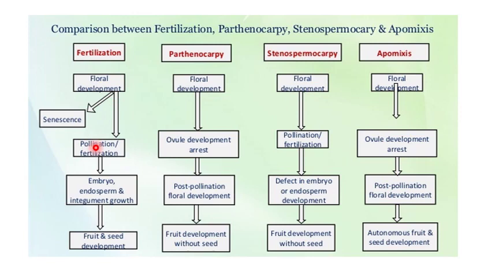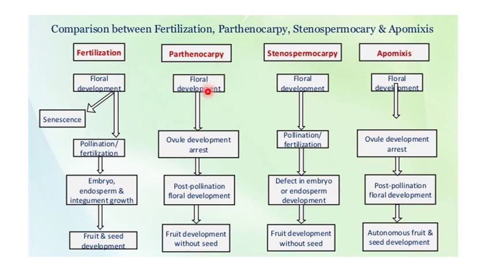It means the successful pollination and fertilization are performed. As a result, the embryo maturation, formation of endosperm and integument growth proceed in a successful way. And at the end, the fully developed fruits are obtained.